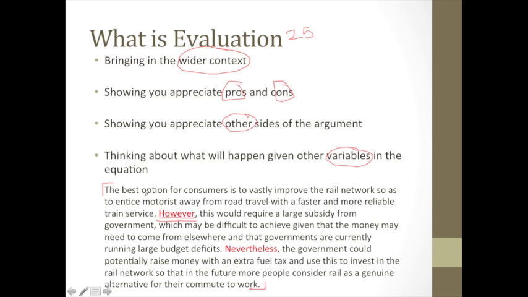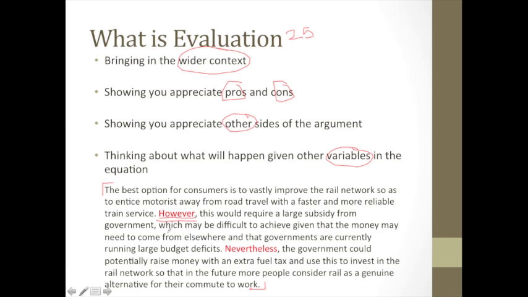So this is my point. The best option is to improve the rail network, but there are other variables, there's other sides of the argument, there's pros and cons to this, and there's a wider context to consider. So I'm going to consider a few of these things in my evaluation here. So however, this would require a large subsidy from the government, which may be difficult to achieve.